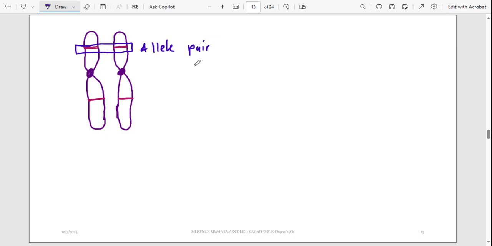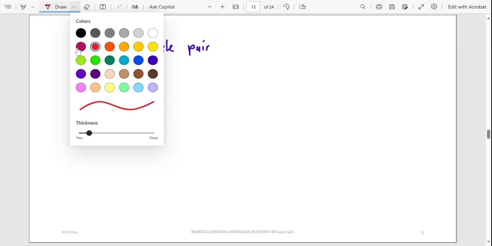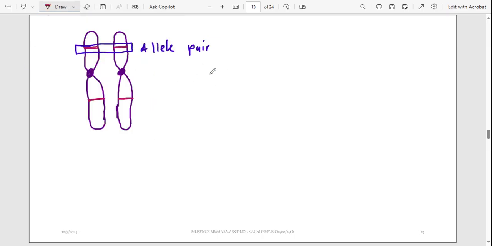So now, what is an allele? That is what we need to understand. And what is the difference between an allele and a gene? So an allele is a different form of the same gene.